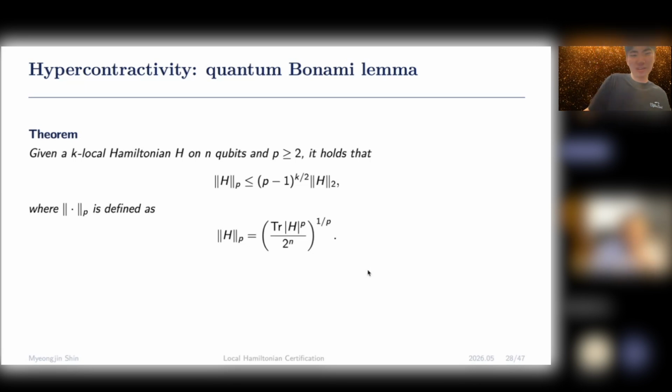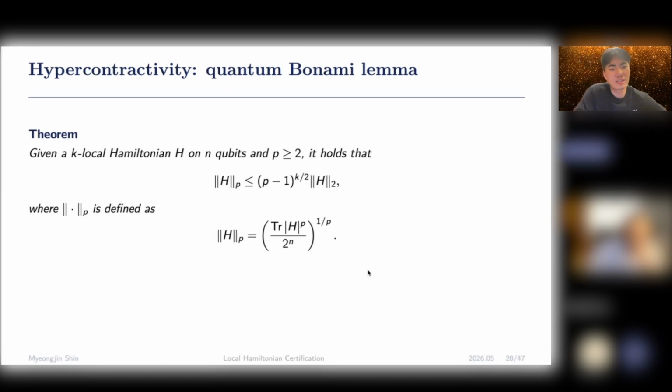Thankfully there's a relation called hypercontractivity, which is the Bonami lemma in the quantum setting. If the Hamiltonian H is k-local, this is where the locality comes from. This is the reason why locality is important in our work.